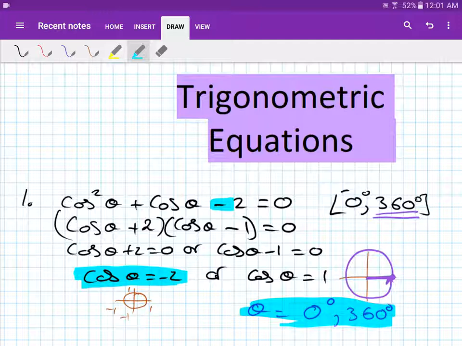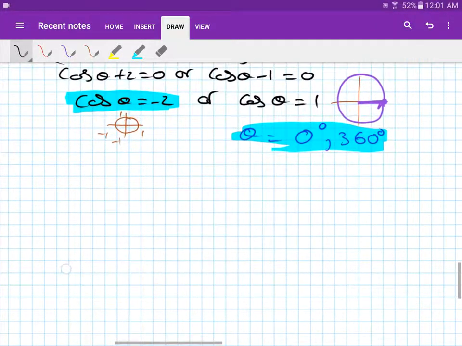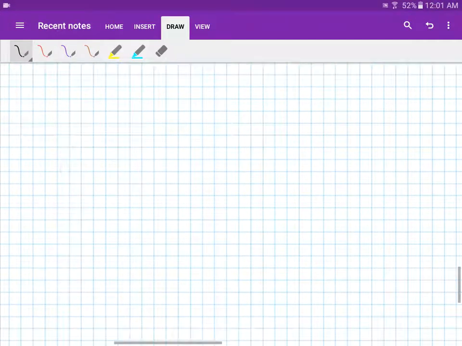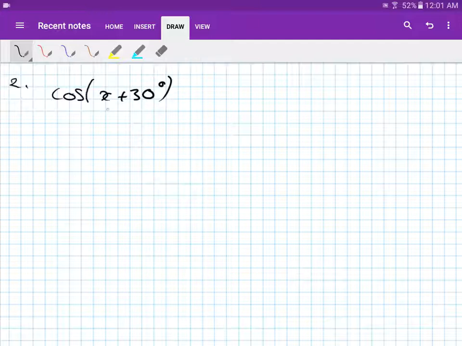Okay, let's move on. Next one, number 2. Let's say cos of x plus 30 this time is equal to negative 1 over root 2, and x is between 0 and 360 degrees.